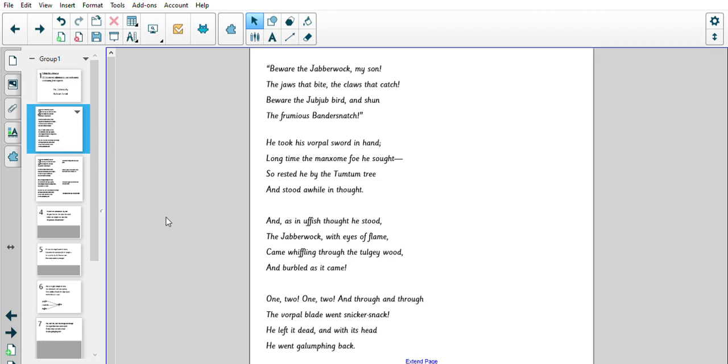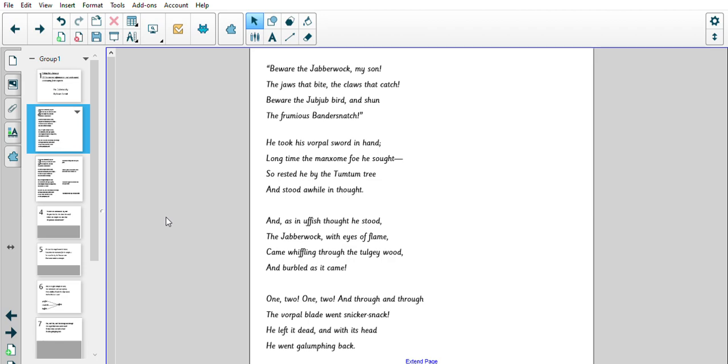And, as in uffish thought he stood, the Jabberwock with eyes of flame came whiffling through the tulgey wood, and burbled as it came. One, two, one, two, and through, the vorpal blade went snicker-snack. He left it dead, and with its head he went galumphing back.